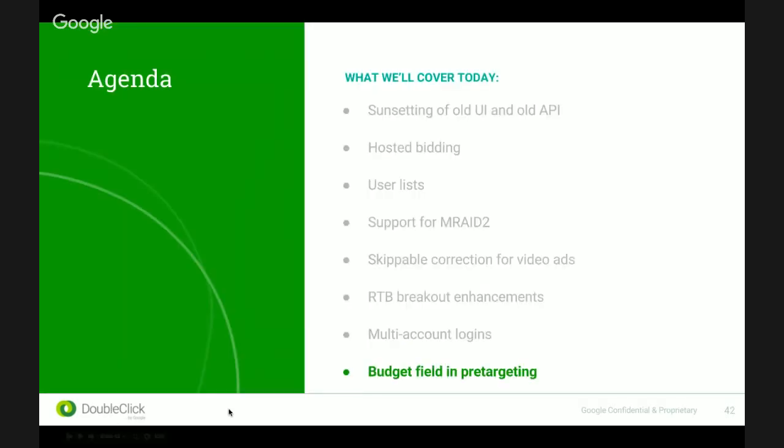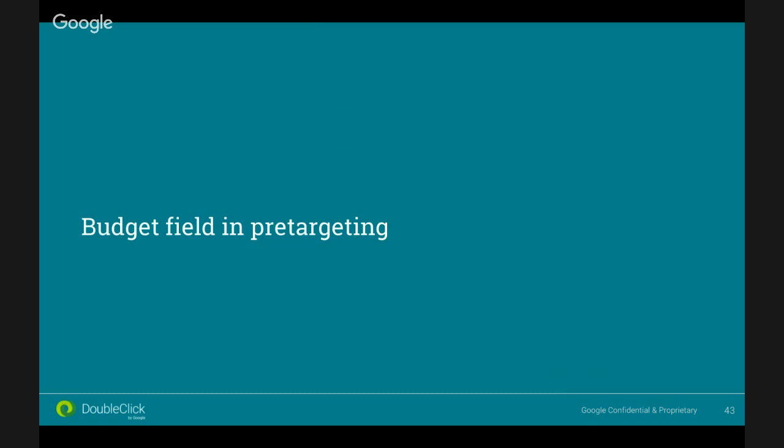And the last feature that we wanted to discuss today was a new budget field setting that we've added to pre-targeting config settings in the AdX UI. In the original or old AdX UI that George was referring to earlier that we're deprecating access to, you were able to set a daily budget at the campaign level to cap your daily spend per campaign, so that your daily spend wouldn't exceed whatever max amount you set with your daily budget max.